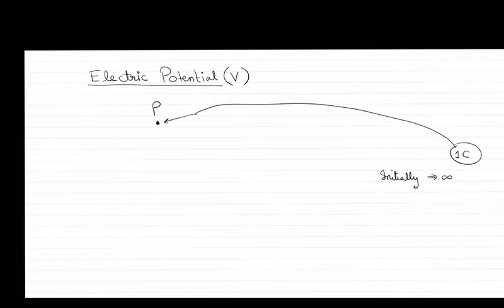Now suppose we go to infinity and we find a charge of q coulombs there, and we bring it from infinity to this point P and keep it here.